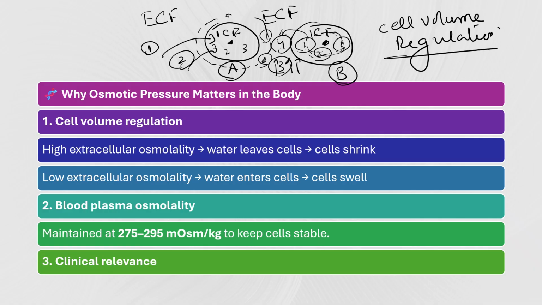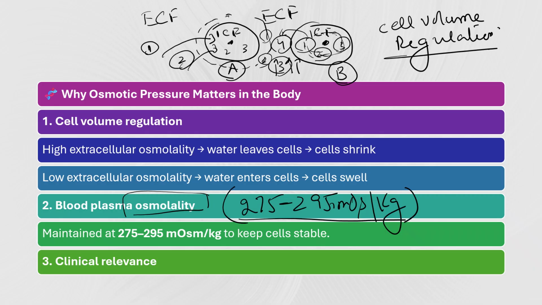Our blood also has an osmotic pressure. It has an osmolality, and to maintain the normal size of the cell, blood will maintain the plasma osmolality of 275 to 295 milliosmol per kg. That's the normal osmolality of the blood plasma to keep the cell stable.